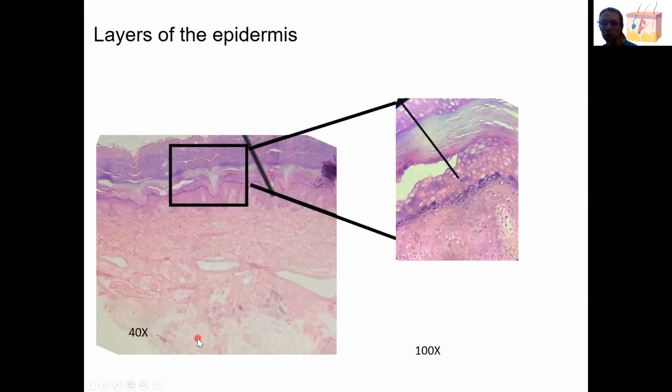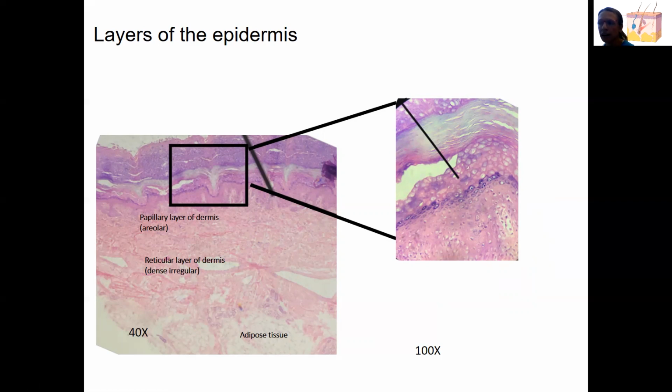This would be the adipose tissue. So adipose tissue down here, that's that subcutaneous or hypodermis. Then we've got the reticular layer of the dermis. This is dense irregular tissue. Above that, we've got our papillary layer of the dermis, which is areolar tissue. That includes those dermal papillae there.